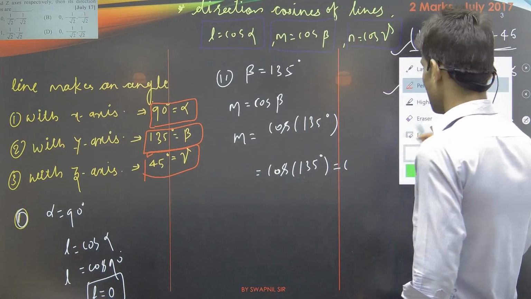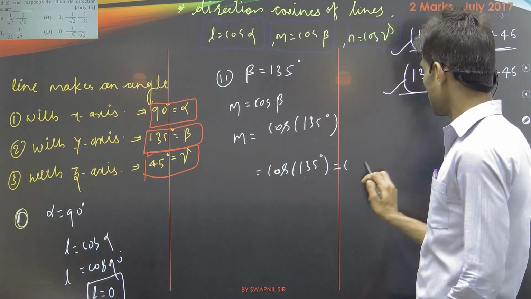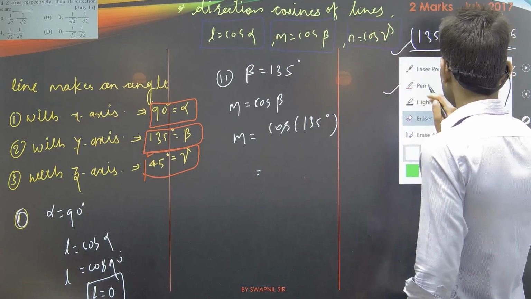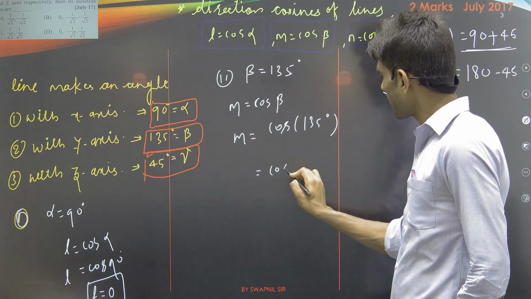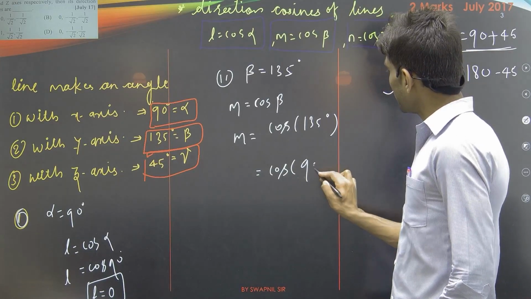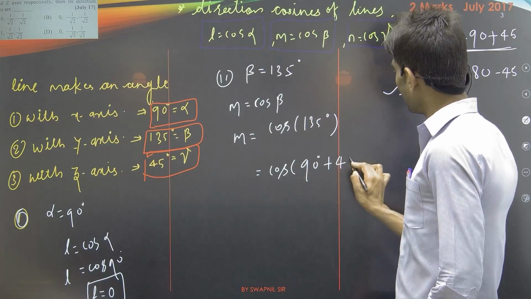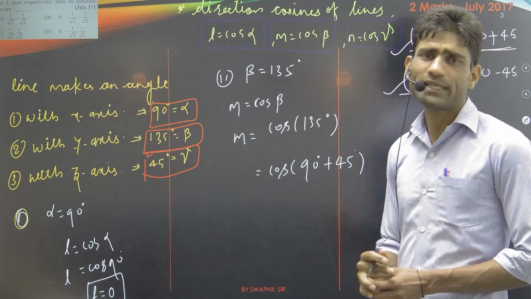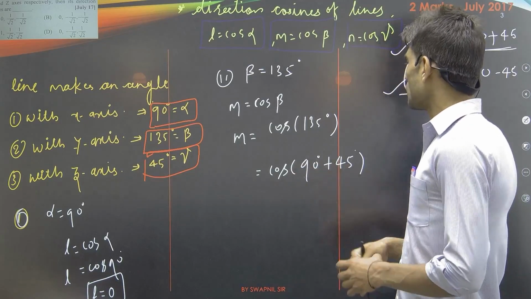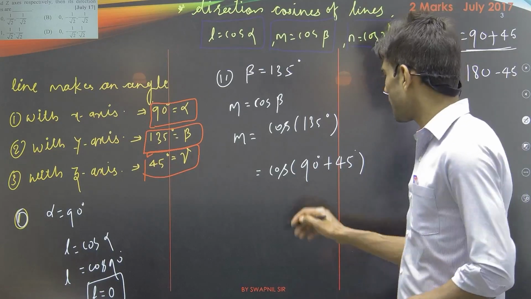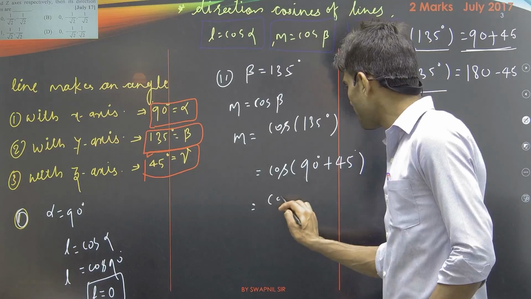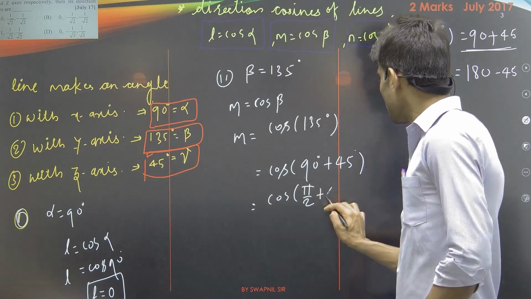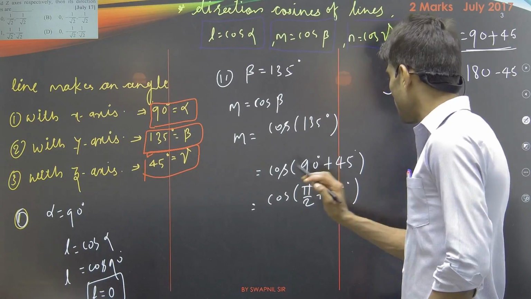Cos 135 degree can be written as cos of 90 degree plus 45 degree. By using allied angle we can say cos of pi by 2 plus theta, that means pi by 2 plus 45 degree.